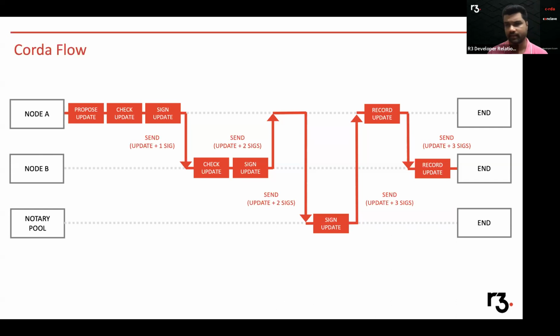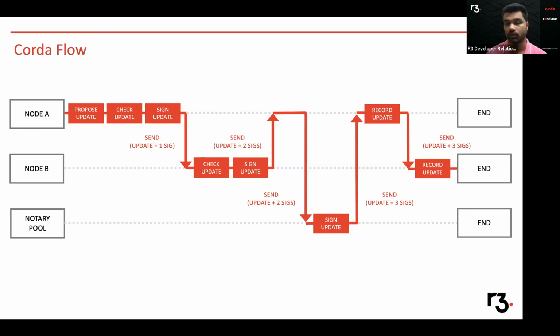Once he has signed, he'll send it over to node B, where node B will perform their own due diligence check for the contract validations. Once they are satisfied, they can give their signature. Once all the signatures are collected, and there could be more nodes depending on how many parties are transacting, this process will be repeated.